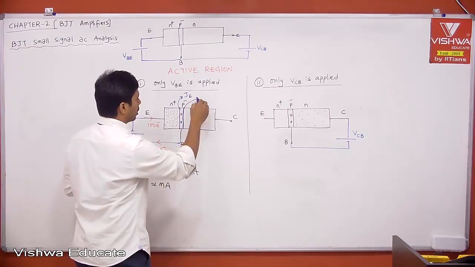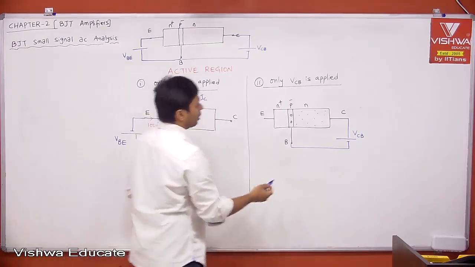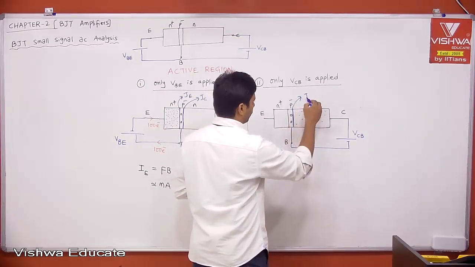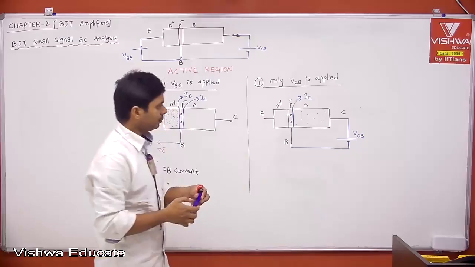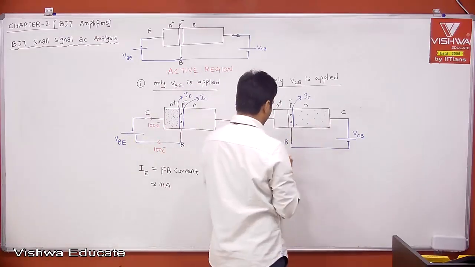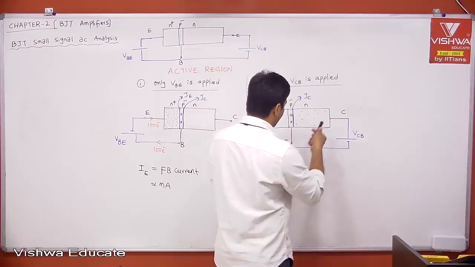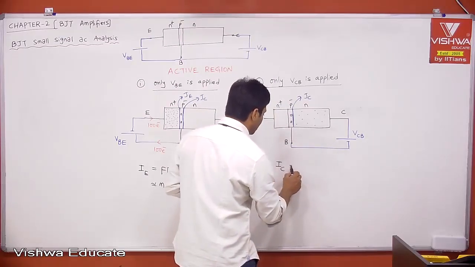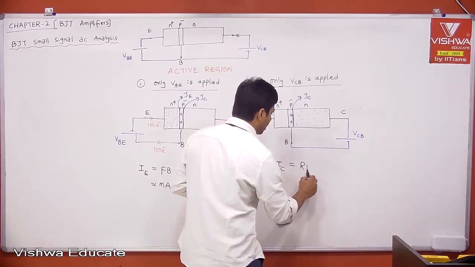Now we are bothering about the collector junction, and this is reverse bias. Whatever collector current you get, this is nothing but the reverse bias current.